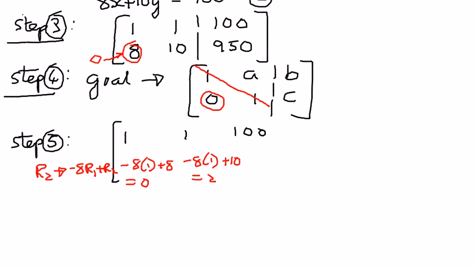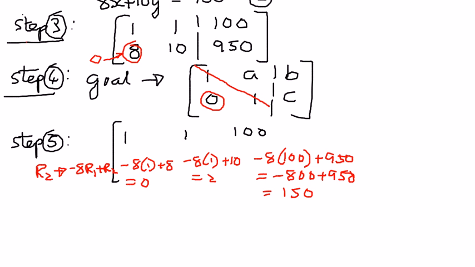And then we have negative 8 times 100 plus 950. So this is going to be negative 800 plus 950, and that is going to be equal to positive 150.